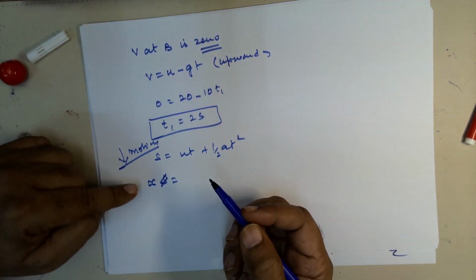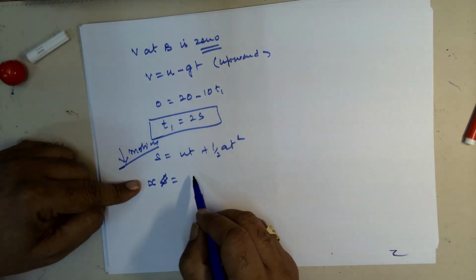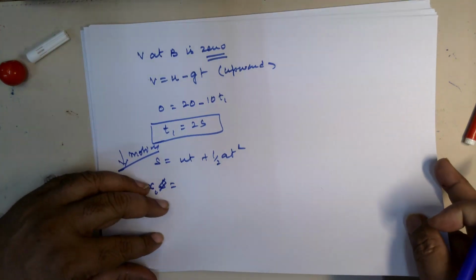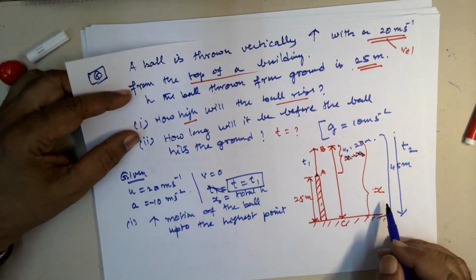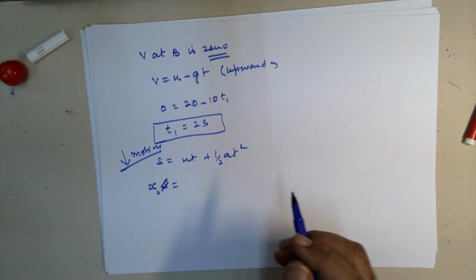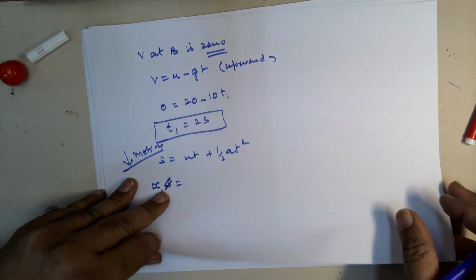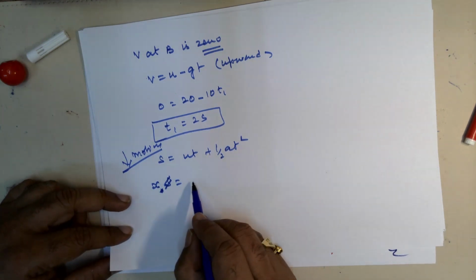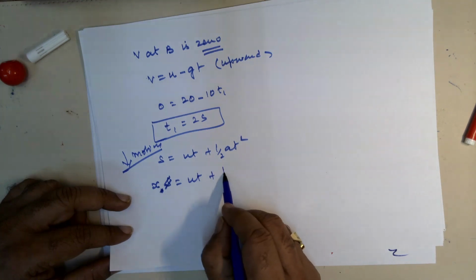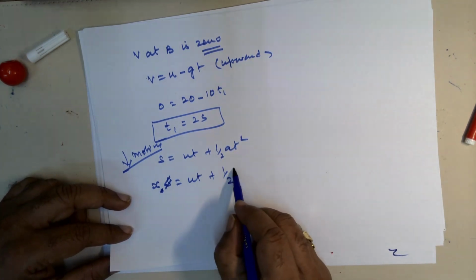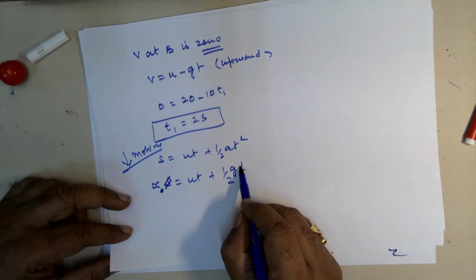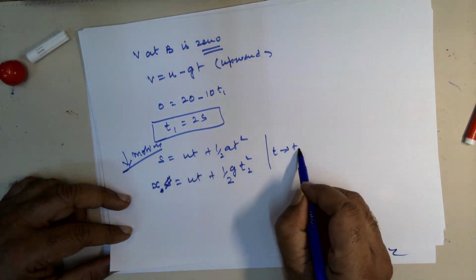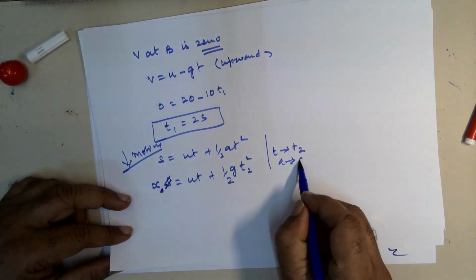Is it not right? This is x naught. This is x. So the total distance, let us call it x, is ut plus half g t squared, because for the downward motion we have taken t as T2 and a as g.